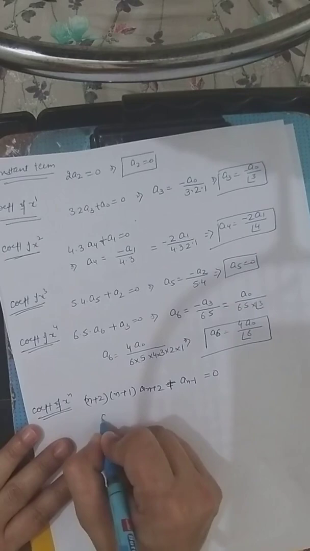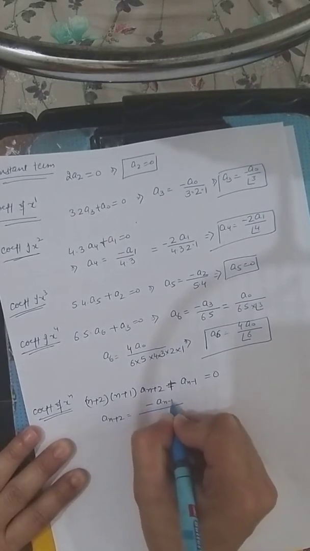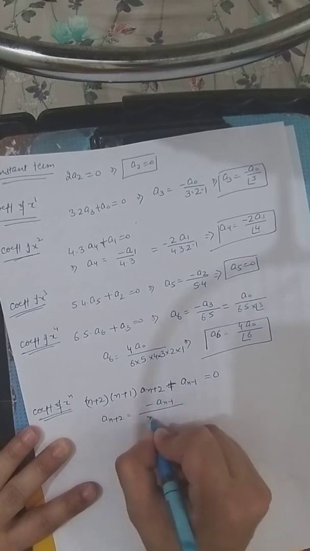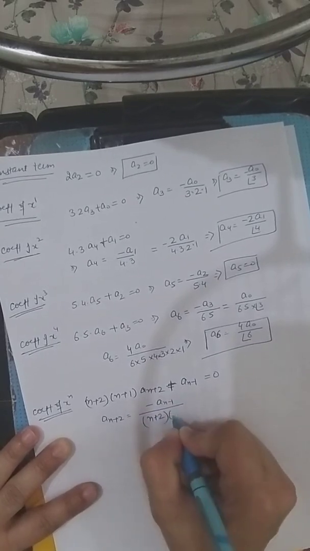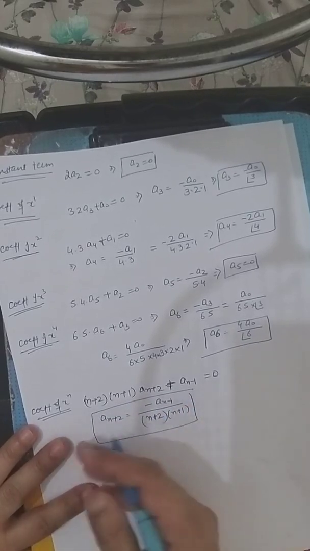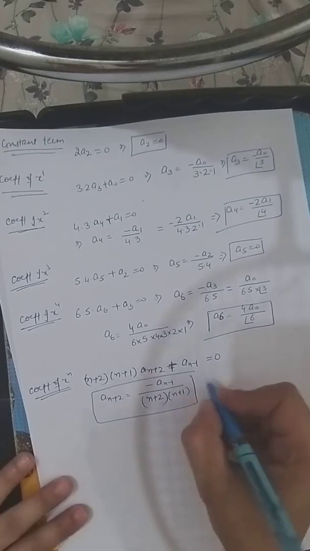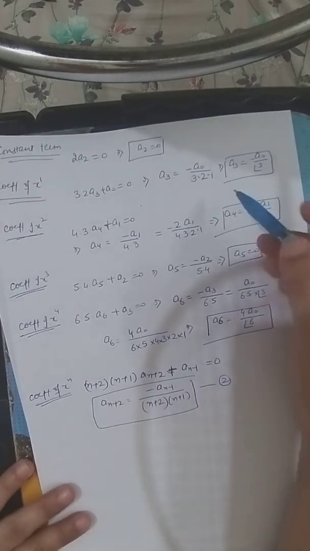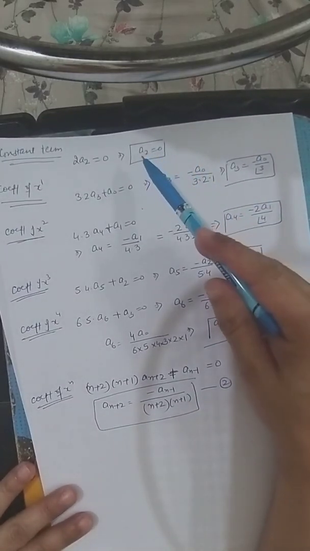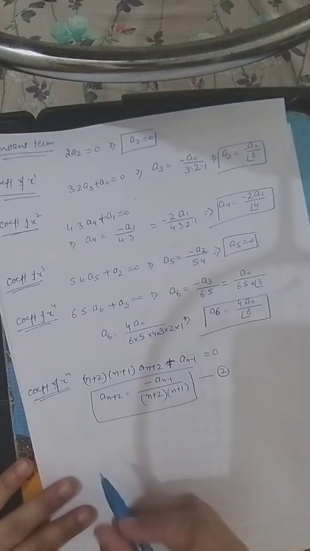Or this will give you an plus 2 equal to minus an minus 1 over n plus 2 into n plus 1. To find the remaining coefficients, you can substitute remaining values of n in this equation. Call it number 2. Now we have calculated up to a6: a2, a3, a4, a5, a6.